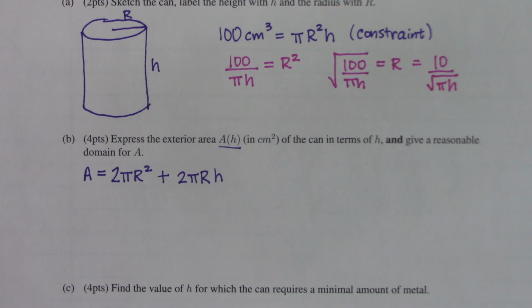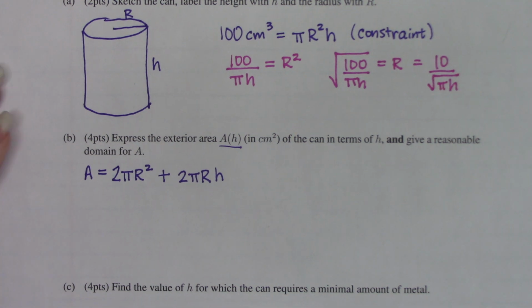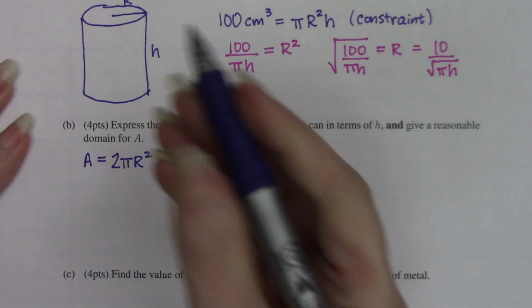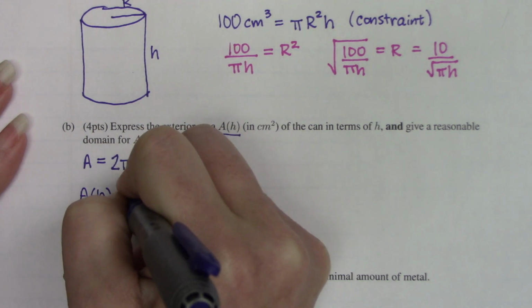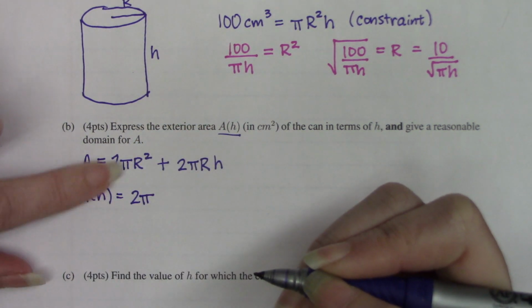Now I can come down and write my area function in terms of h. So A of h is 2 pi r squared.